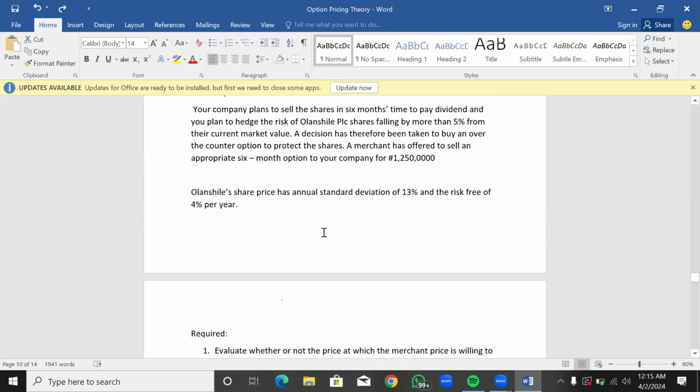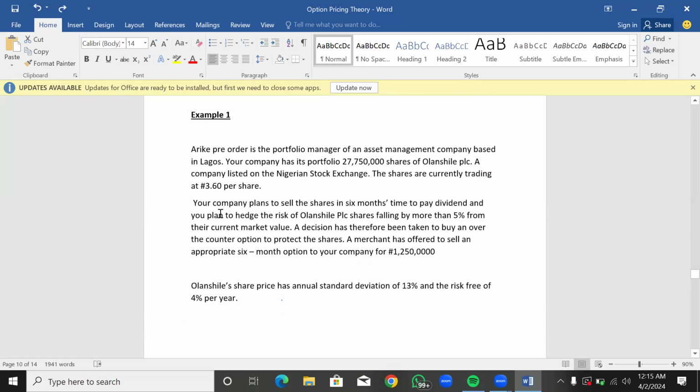In the questions, Ma, they said the strike price. They said the company plans to sell the shares in 6 months' time. Exercise price is the fixed price we are going to sell that underlying asset at at the time of expiration. So this is telling us that our exercise price is going to fall by 5% of the current market value, our current market value is 3.60. If something is going to fall by 5%, automatically it's 95%. And if you don't understand the 95%, you can do 5% of 3.60.